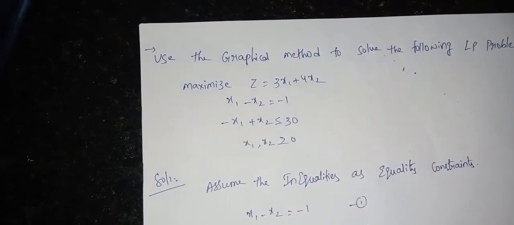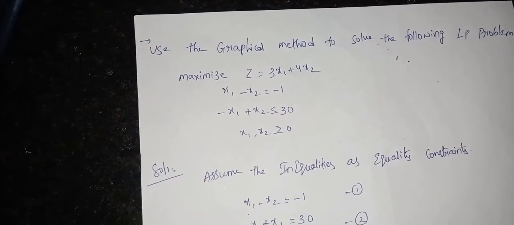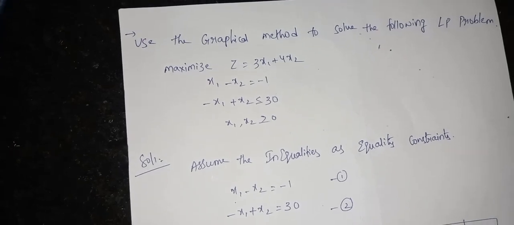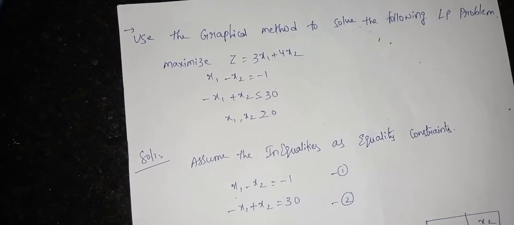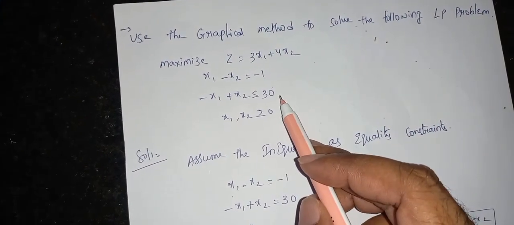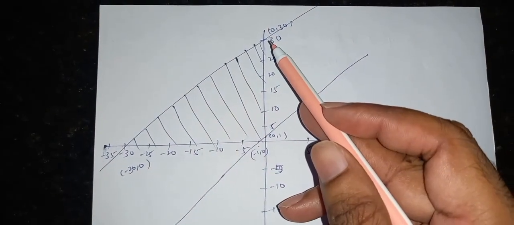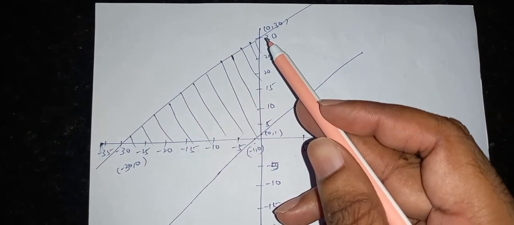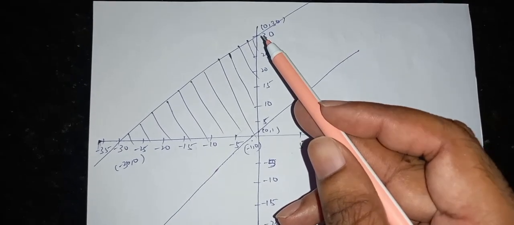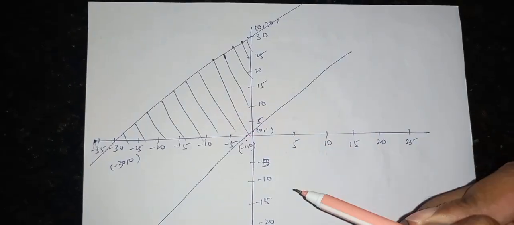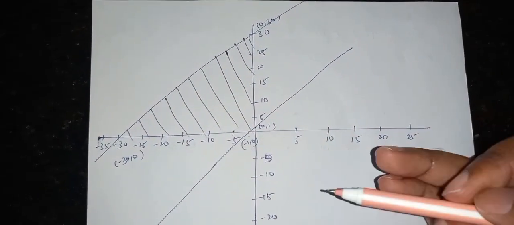That's why, since this is a single linear line, we do not draw any representation or hatched part. For the other line, we have to draw a hatched part. For this line they have given the inequality less than or equal to. If the inequality is less than or equal to, shade the region towards the origin side.